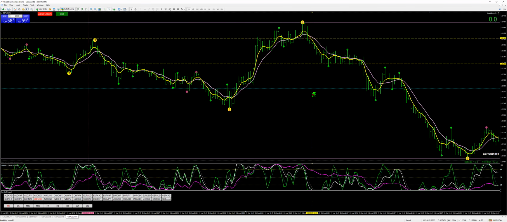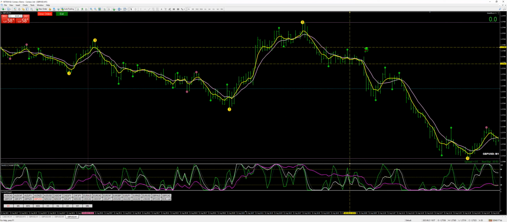And the 1 minute gives us an entry here. One ball retrace. So that's the entry, same entry, better stop loss. And if we go back to the 1 hour, this one here was 23 pips.